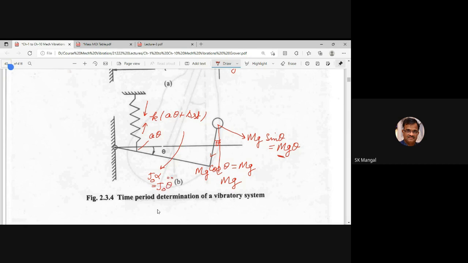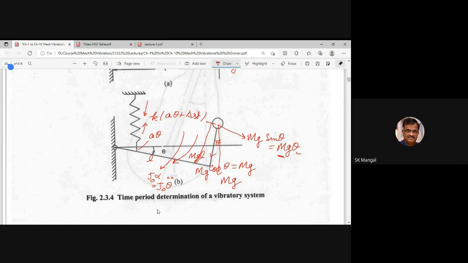So for this mg, you have a moment about the point O given by mg into L. This is your L here. And the moment of this one about O is given by mg theta into the moment arm, which is this particular distance.